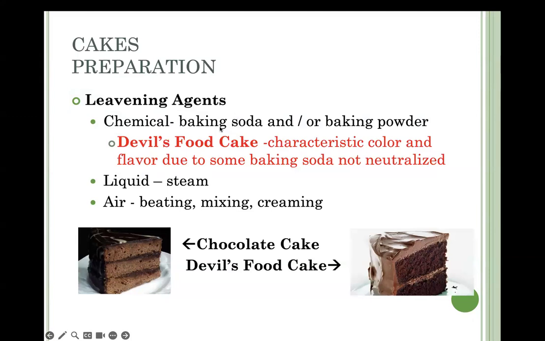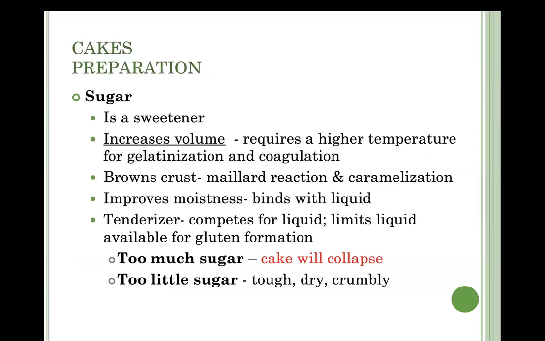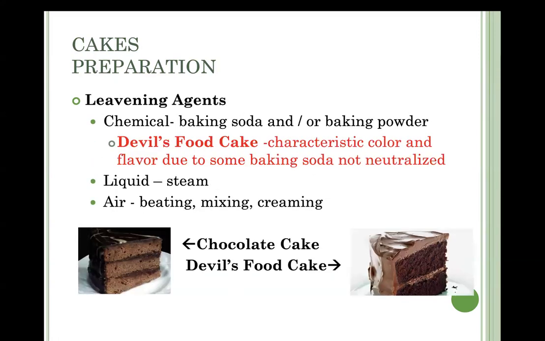Baking soda is alkaline, so we neutralize it. We still get that CO2 action from the reaction of the baking soda, the acid, and the liquid, but we neutralize the acid by adding more baking soda. So we keep it closer to 7 than this one. This one will be lower than a 7 pH.